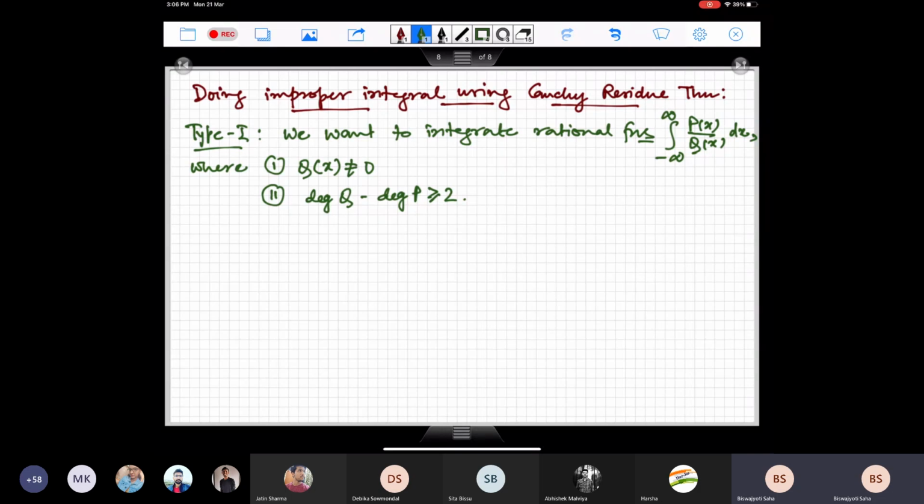Generally, what is the formula for minus infinity to plus infinity of p(x) by q(x) dx?